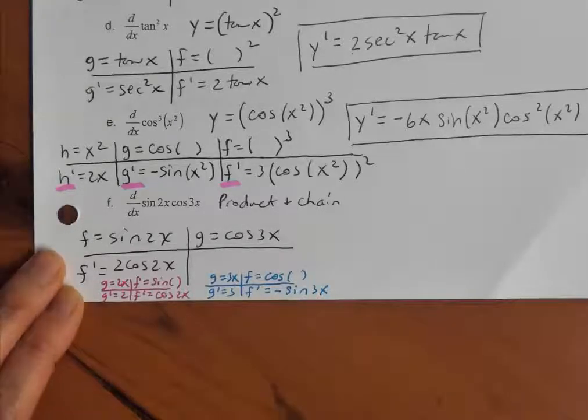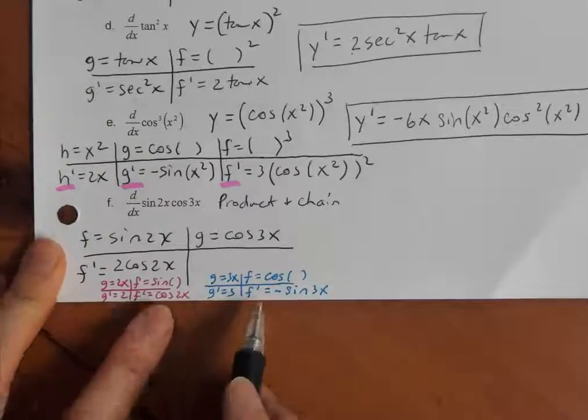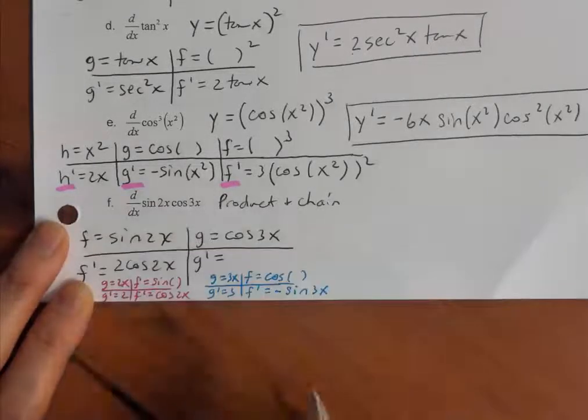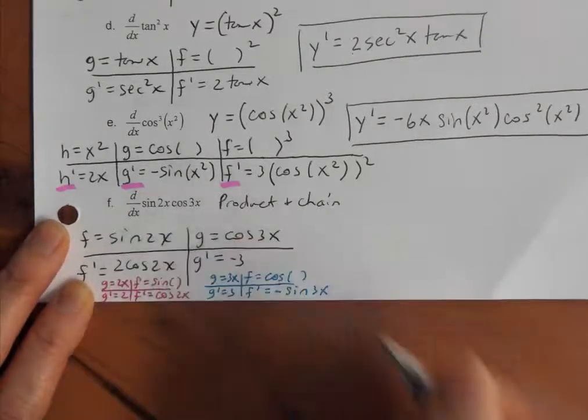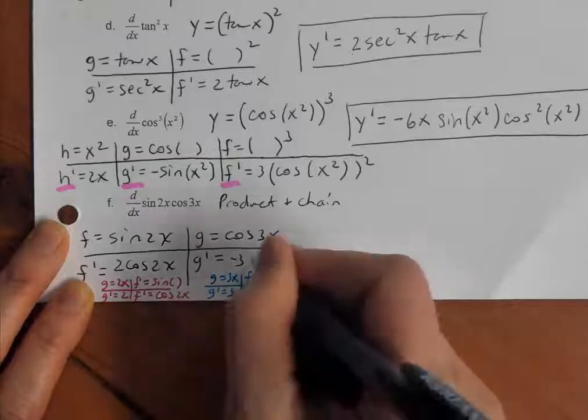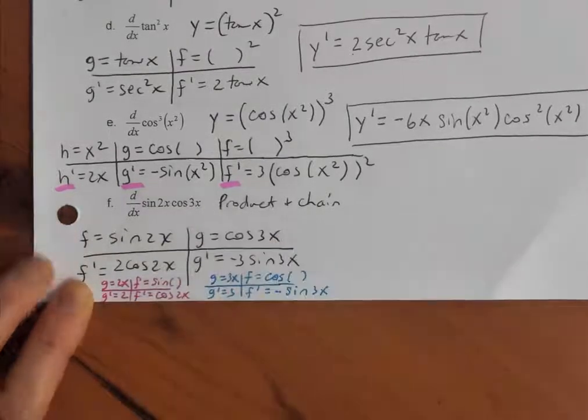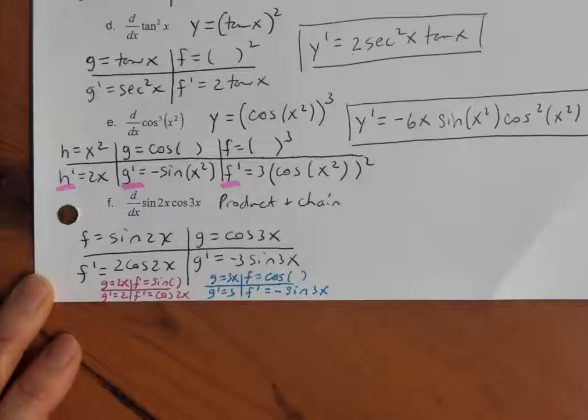Okay, so then my derivative on this will become g prime, which is negative 3 sine of 3x. Okay, but I'm still not done.